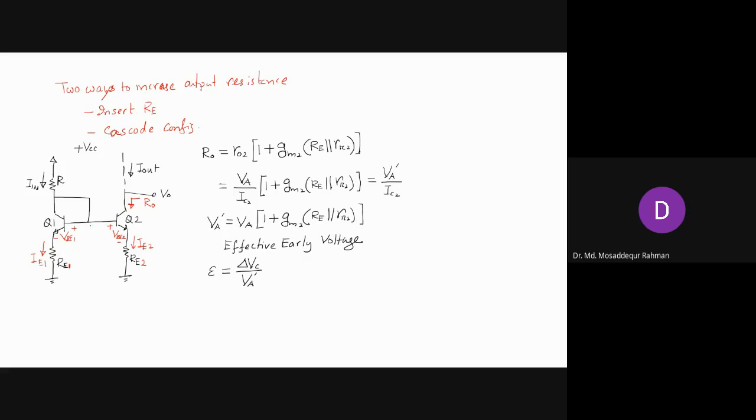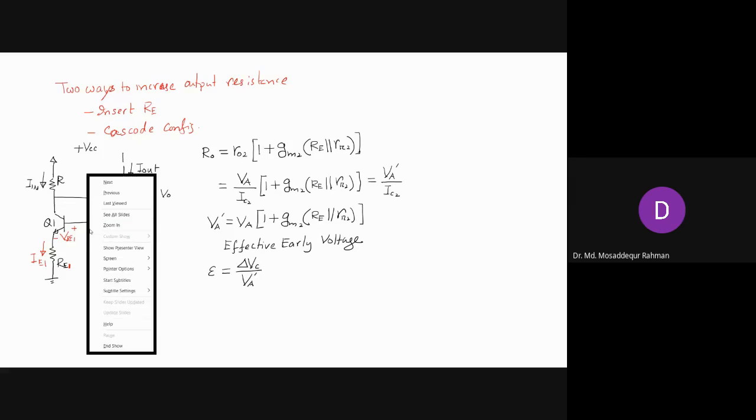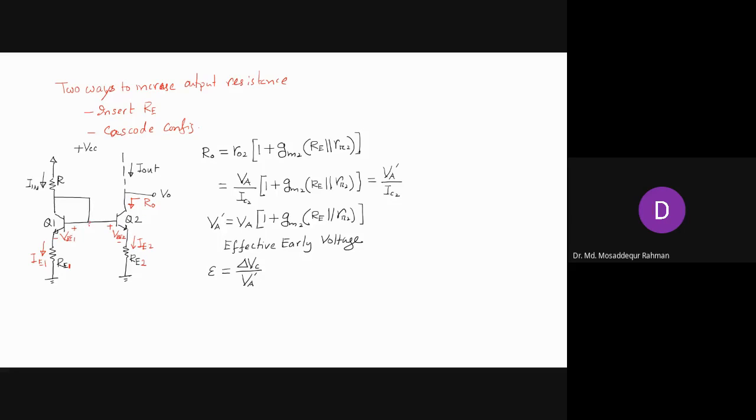Since these two are parallel branches, the voltage at the same node is VB, the base voltage to the ground.